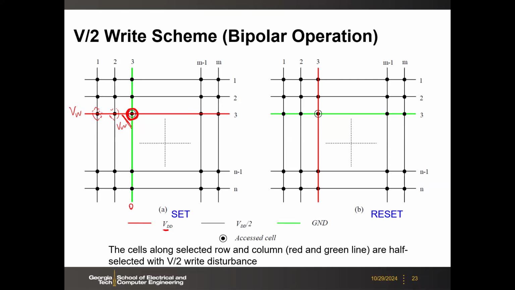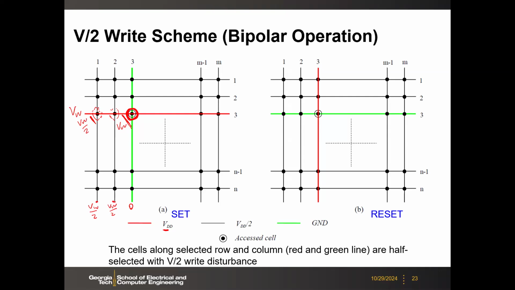Similar to the NAND flash, we talk about that. So in this case, how do you inhibit? So you can apply half-way write voltage to the unselected columns, right? So if you have half voltage here, then effectively you only have half VW across those half selected cells.